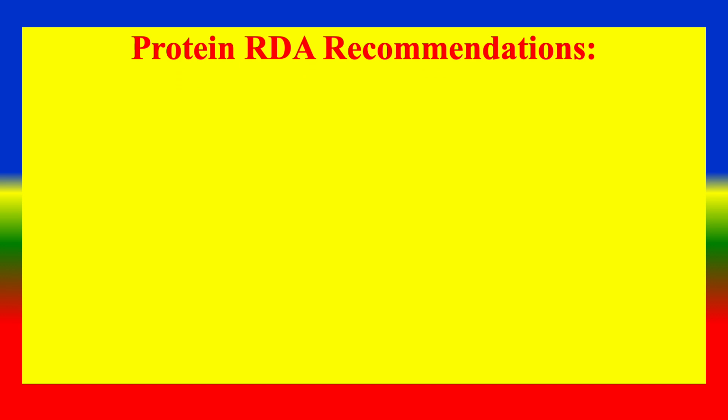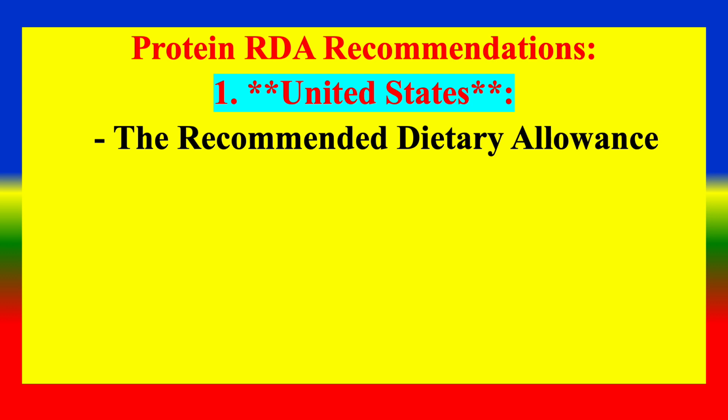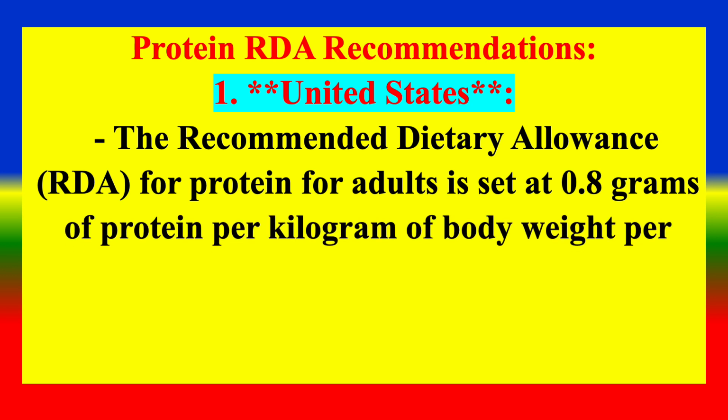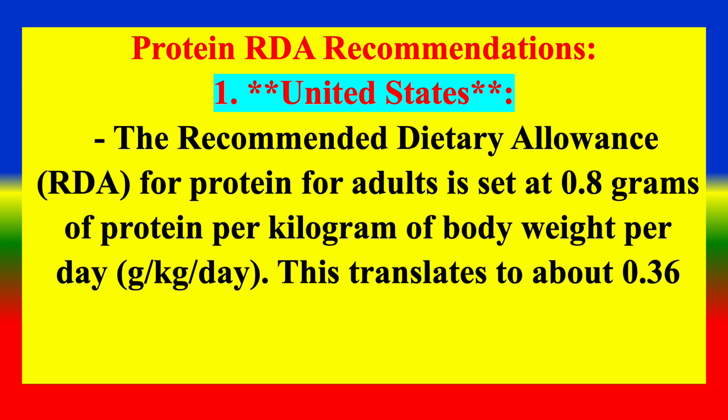Protein RDA recommendations. In the United States, the recommended dietary allowance for protein for adults is set at 0.8 grams of protein per kilogram of body weight per day.